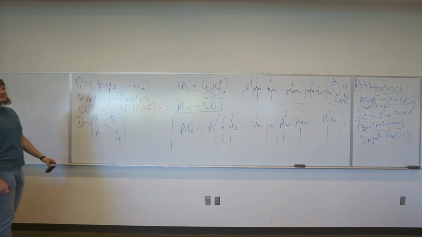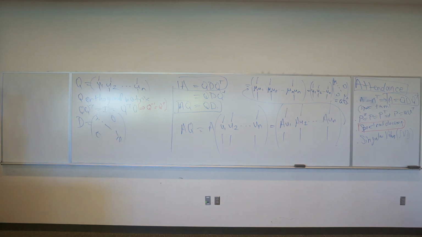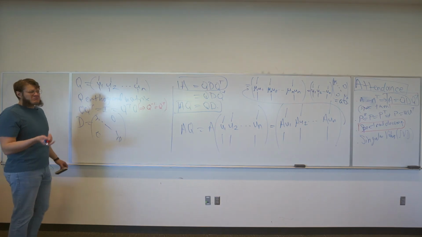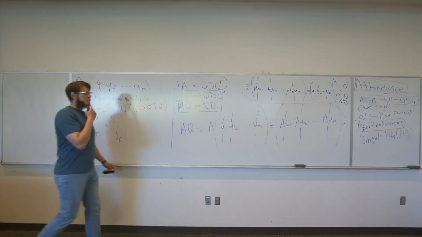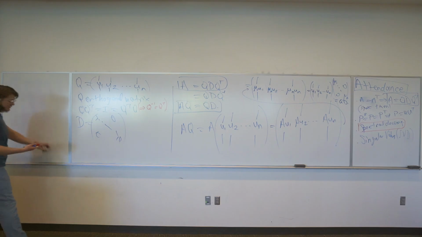I want to start with a symmetric matrix A, and I want to write it as a linear combination of rank 1 matrices. Rank 1 matrices are pretty much the same thing as outer products.